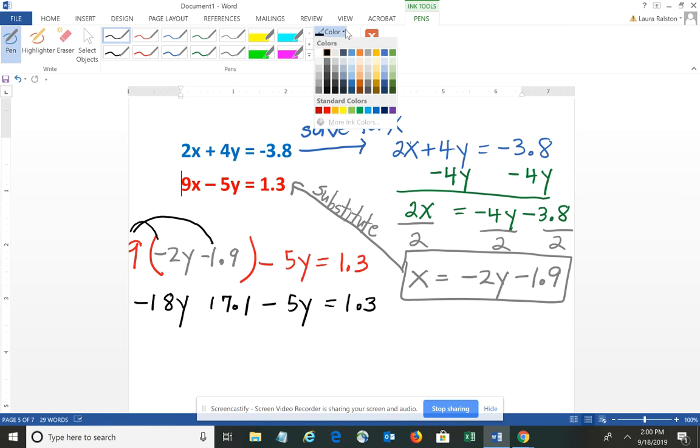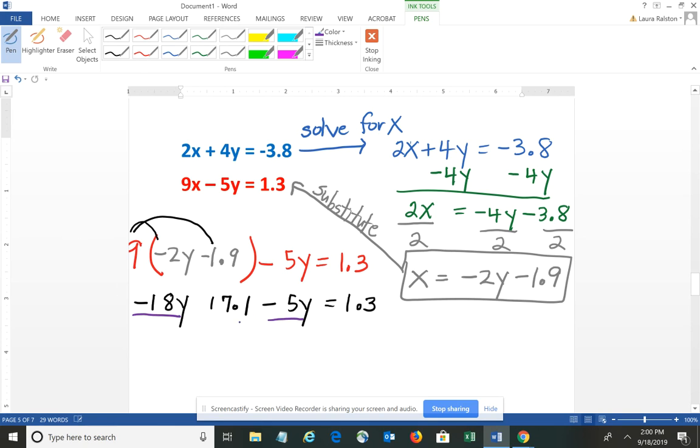Then on the left-hand side, we're going to combine like terms. Negative 18y minus 5y is negative 23y minus 17.1, and that equals 1.3.